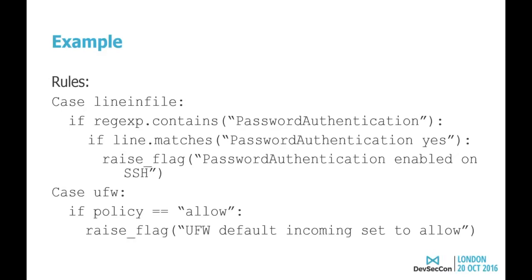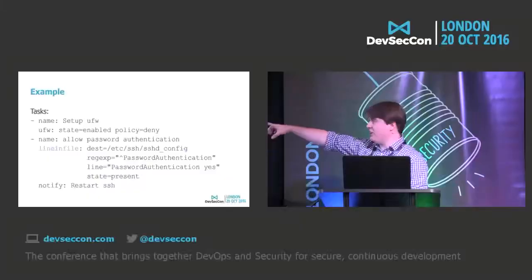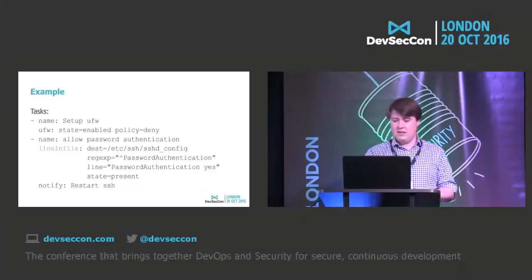And so we run this static analysis over the configuration files we defined, and here we flagged that we found a rule involving a task involving UFW. Our rule catches that. It then checks what the policy is and sees that the policy is set to deny. That's fine, everything's okay. We now flag that we've got a line in file entry, per our previous rule.